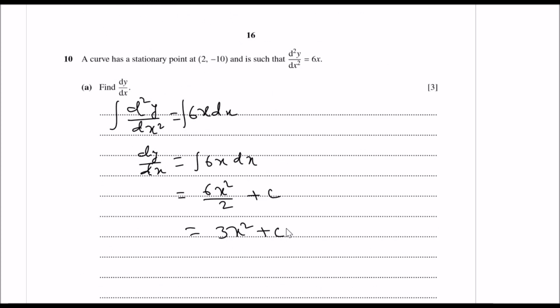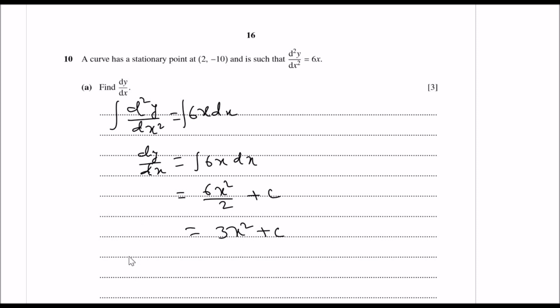Now here the point given is (2, −10). So the x coordinate is 2, and at a stationary point dy/dx = 0. Generally students make a mistake: for dy/dx, they substitute the y value, which is not true. What we need to put is dy/dx = 0 and x = 2, because at x = 2, dy/dx becomes 0 at a stationary point, right?